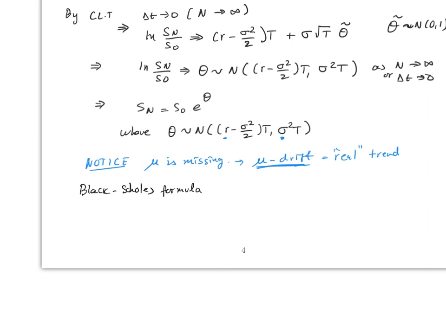In continuous time, the formula technically is this: x is going to be e to the minus r t, expected value with respect to q of f of S0 e to the theta, where theta is equal to the normal distribution that we just found.